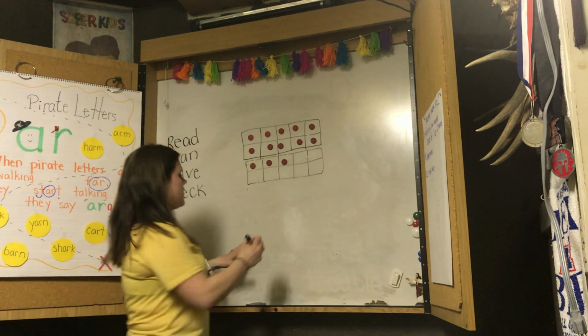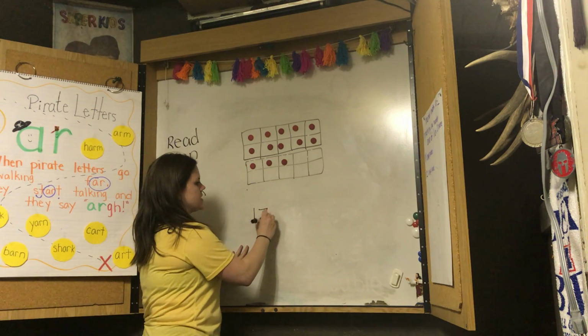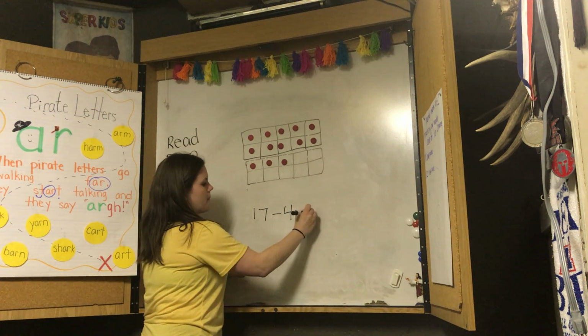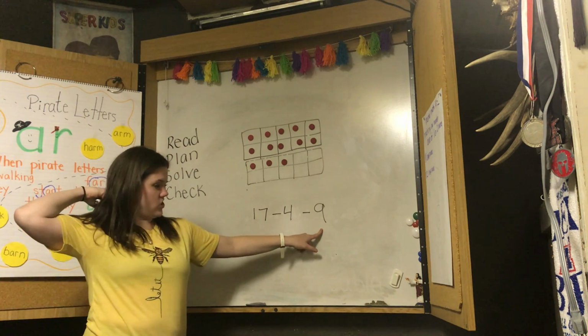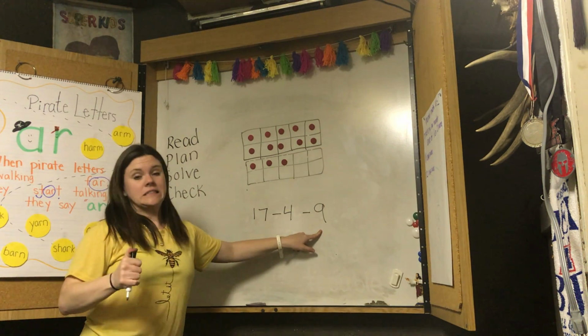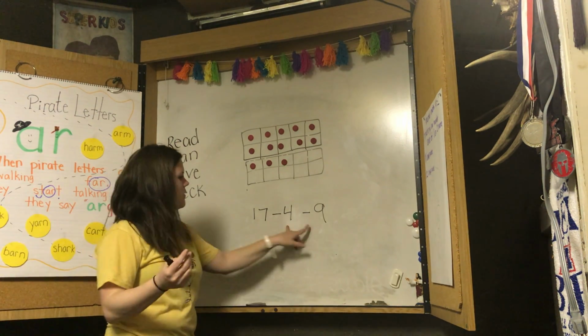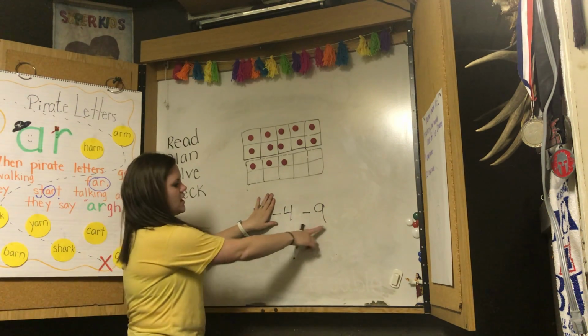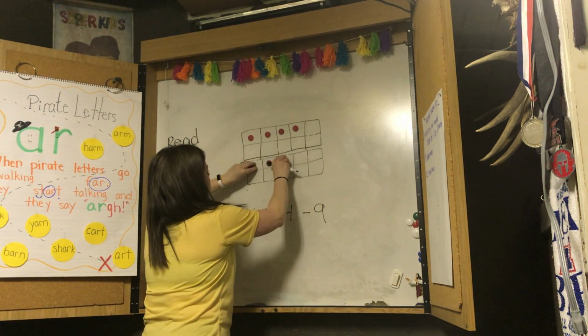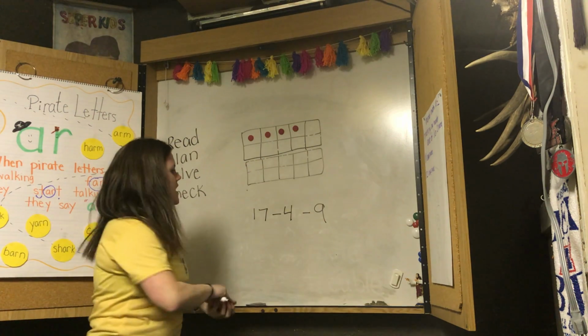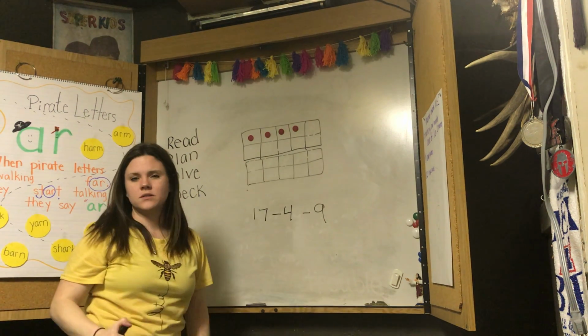If we did Olivia, first 17 minus 4 minus 9, do you think if I did this part first, it might change it? It might. And we might confuse ourselves. Like if I have 4, can I take 9 away from 4?